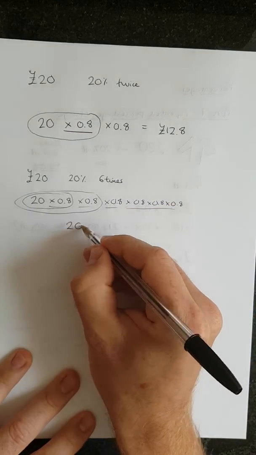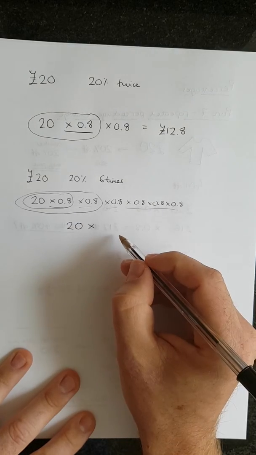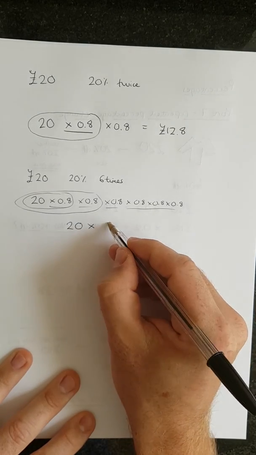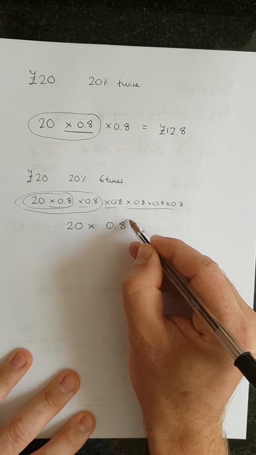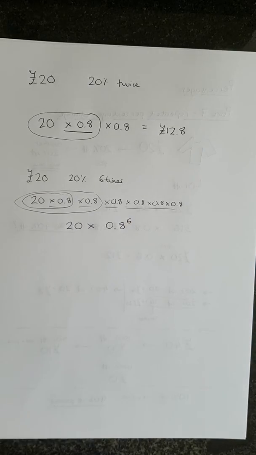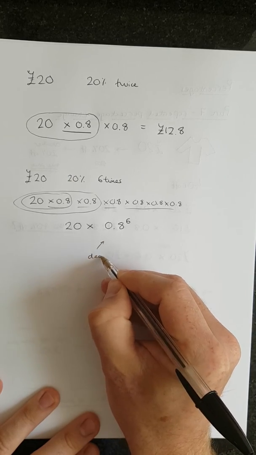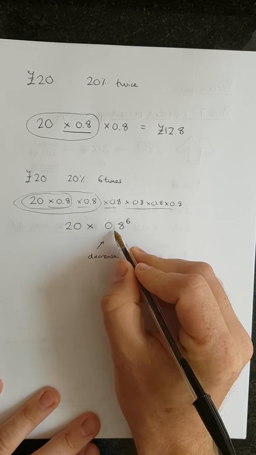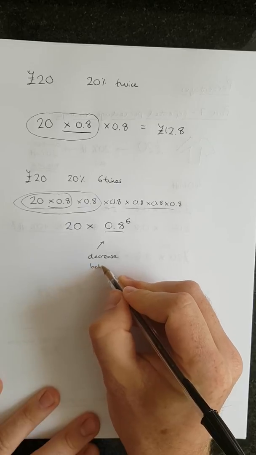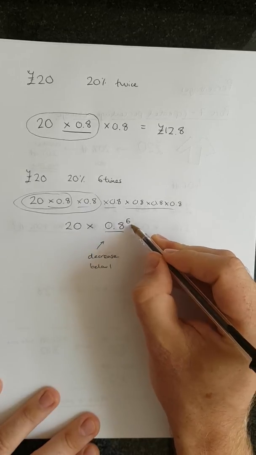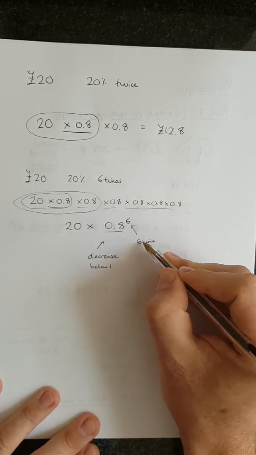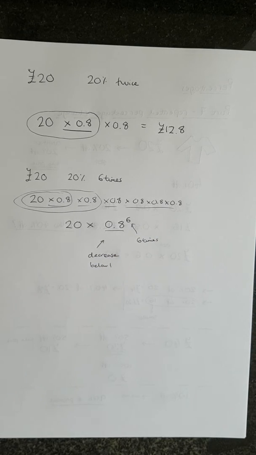So it's 20 multiplied by 0.8 to the power of 6. It's a decrease. You can see that because this number is below 1. It's applied 6 times because the power is 6.